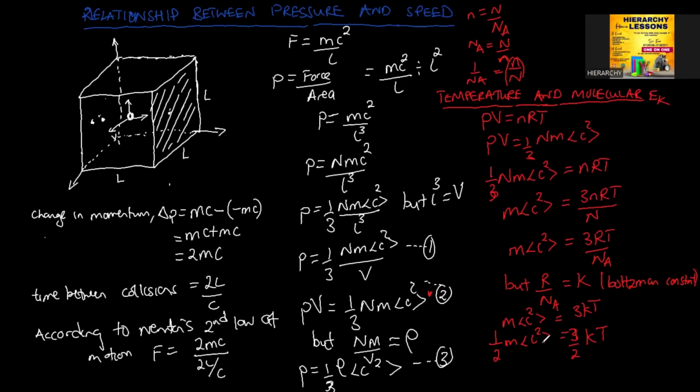This means half mc squared is the average kinetic energy of the molecules in a gas, so kinetic energy is equal to 3 over 2 kT.